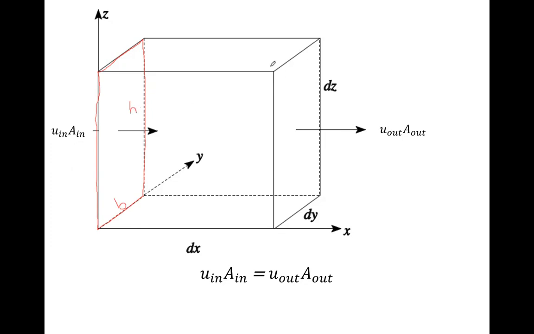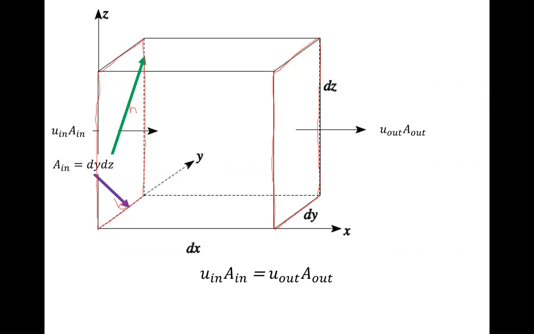And that will be equal on this side as well. So our area in and our area out, from the way we've drawn our box, we've made them equal, where they have the same base and the same height. And if we want to get this area, it is just this base, which is dy, and the height, which is dz.